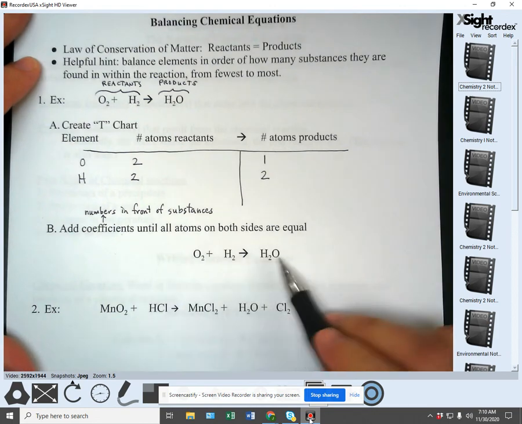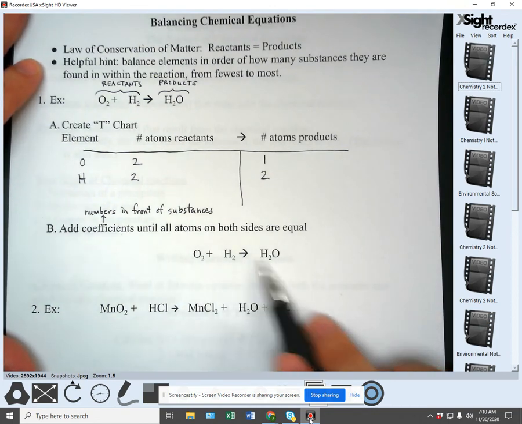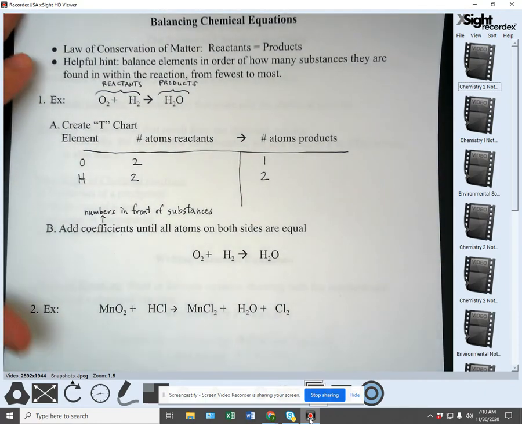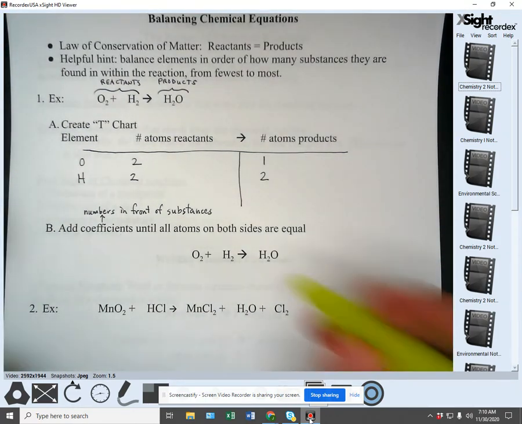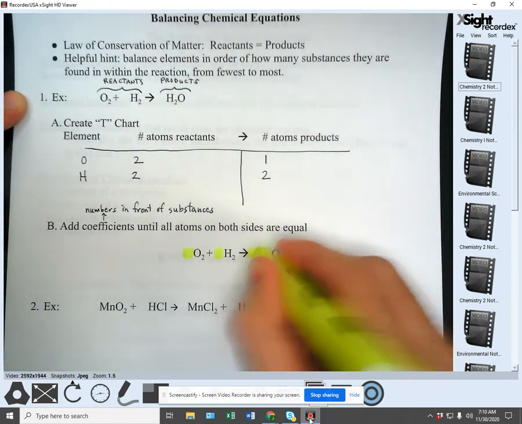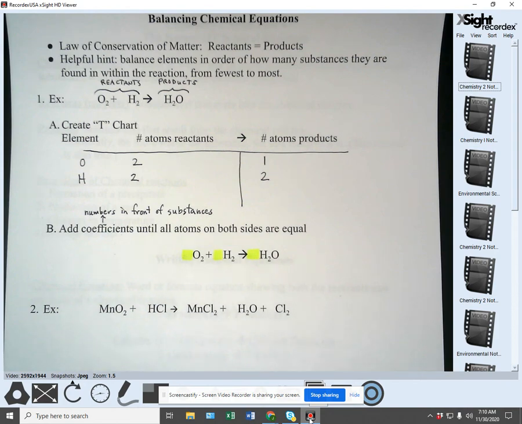Once you have this, you don't put any subscripts or change any subscript numbers down here. The only thing you do to balance is add numbers in front of the substances until it balances.